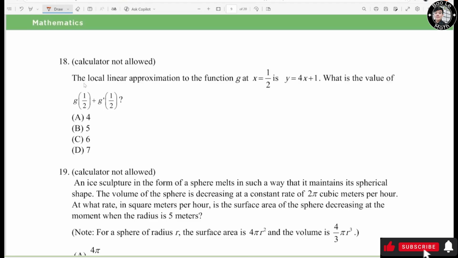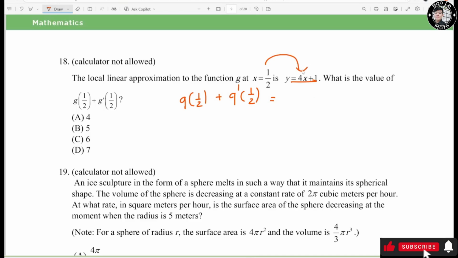Now question 18. The local linear approximation to the function g at s equals 1/2 is y equals 4s plus 1. What is the value of g of 1/2 plus g prime of 1/2? We're going to use this one and substitute 1/2 for s.